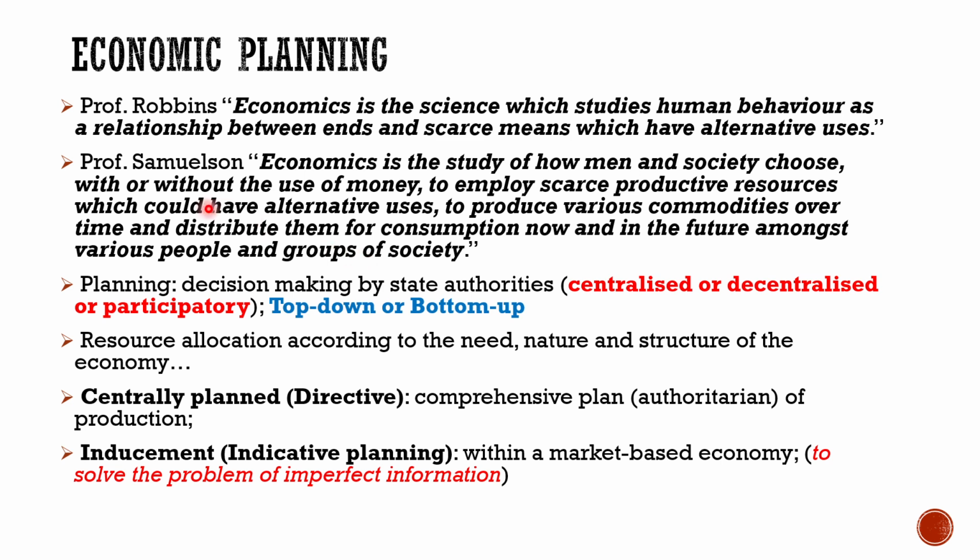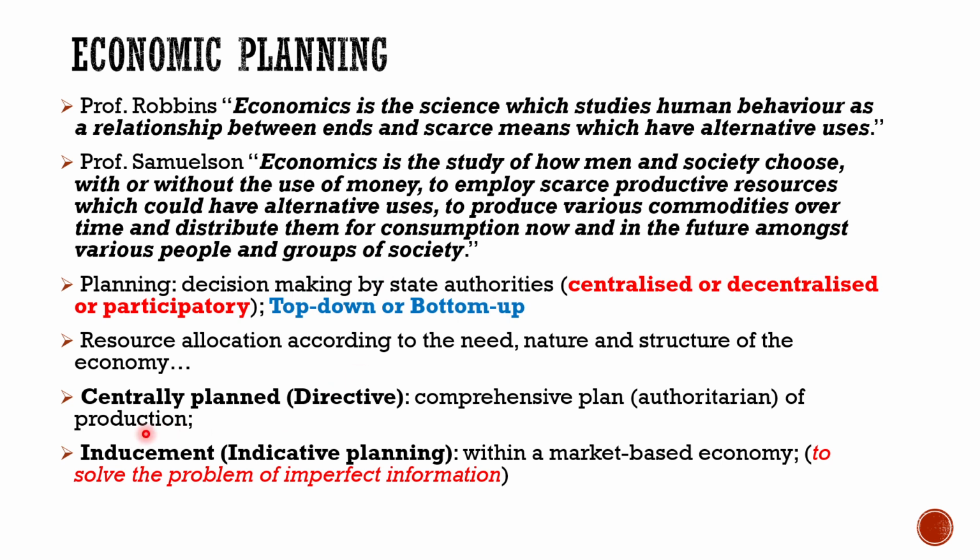So here are the two parts of economic planning. First is decision making, and the second is resource allocation. Resource allocation is done according to the need, nature and structure of the economy, and decision making, meaning making the priorities, is done by state authorities.